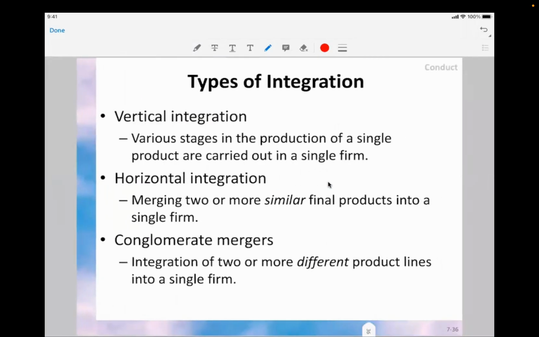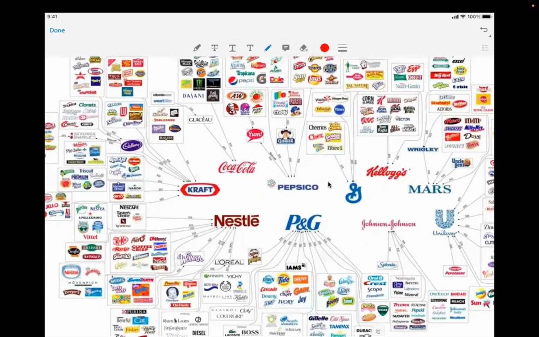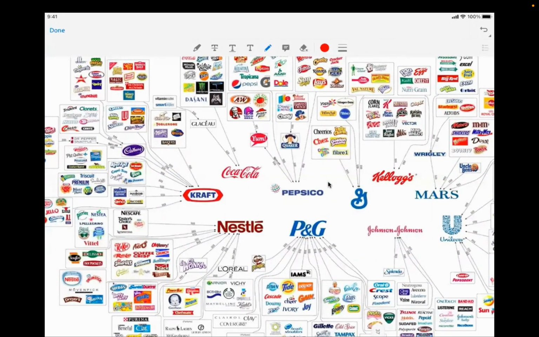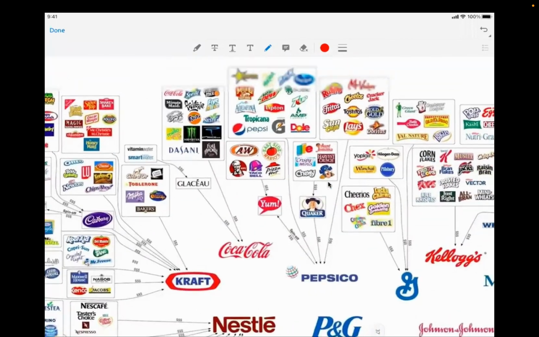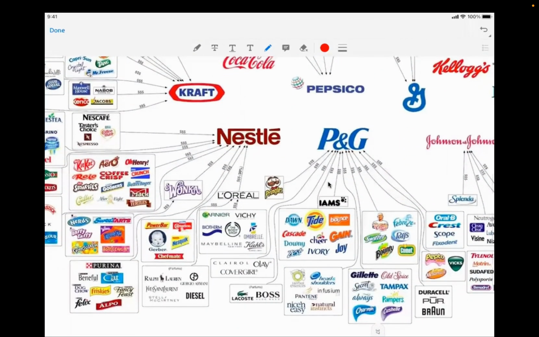And then finally, we have conglomerates. Conglomerates are basically the integration of two or more different product lines into a single firm. The best examples are any big corporation like Coca-Cola, which produces a variety of goods that are not necessarily in the same category, or Nestle, the same thing, or P&G, Procter and Gamble, is another one.